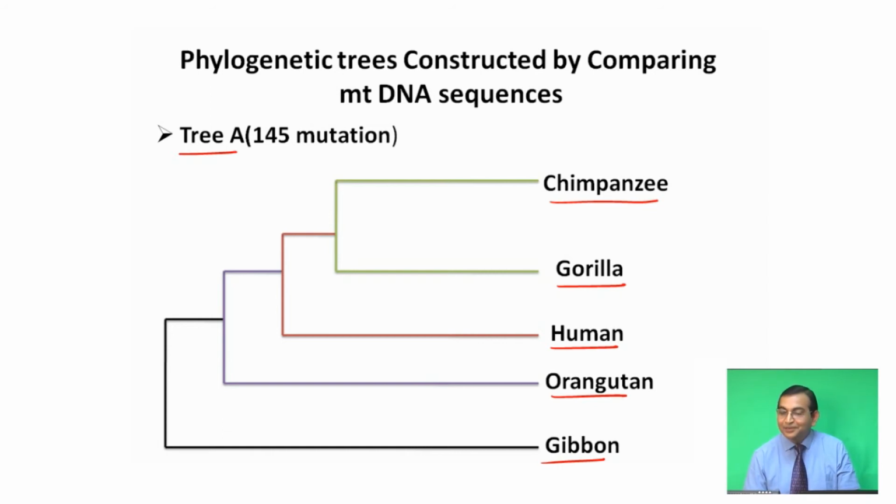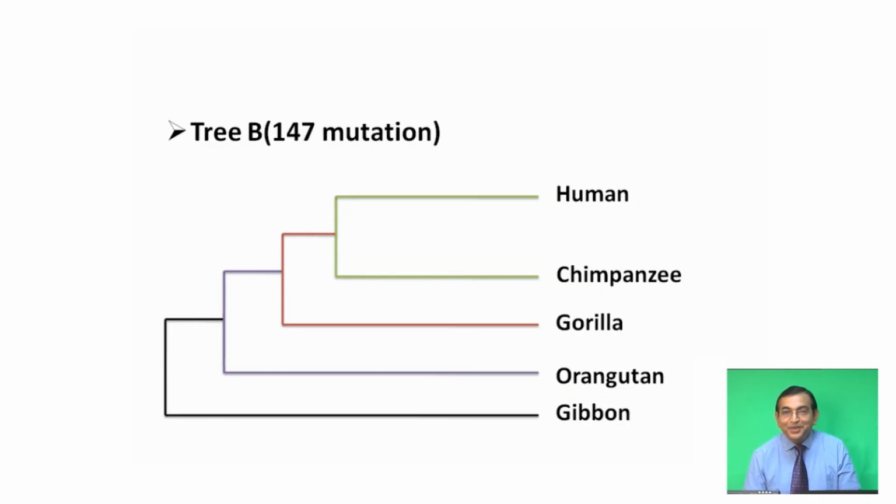On the other hand, tree B, which is based on 147 mutations, shows that human and chimpanzee are very closely related with each other. Then gorilla, then they are further distant from orangutan and then gibbon.